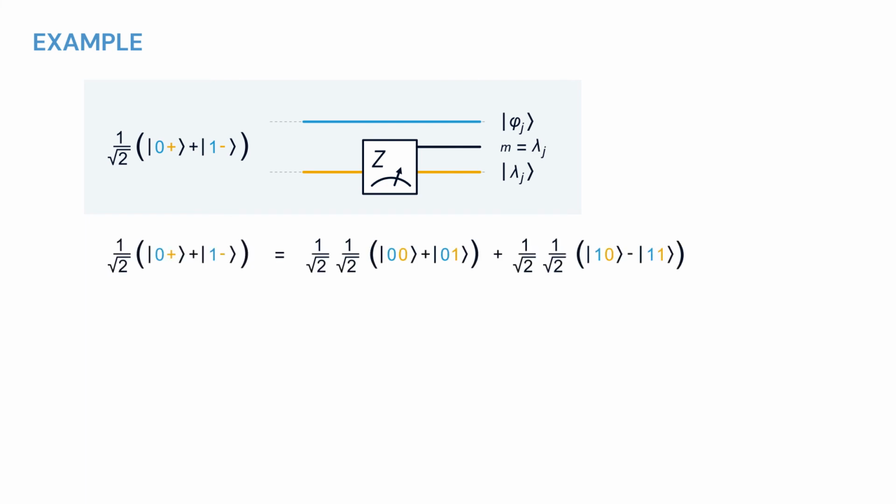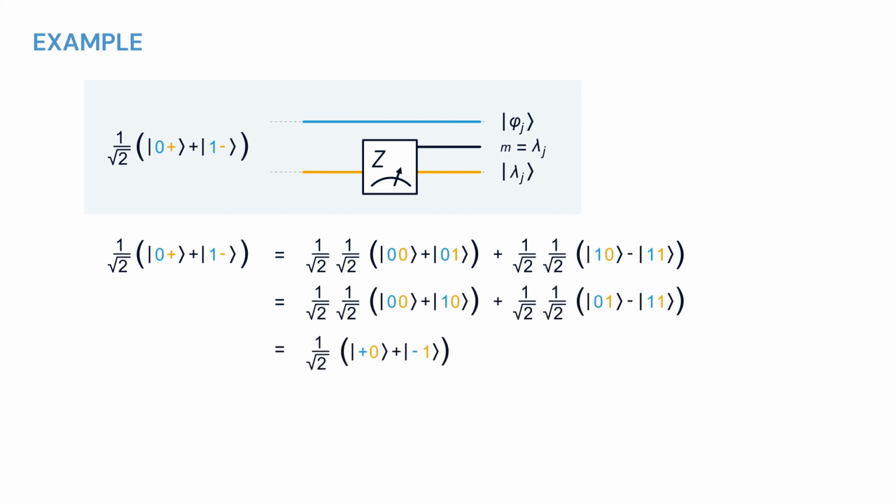The first thing we will do is to rewrite the state in the computational basis. So this is what we have here, with the right qubit terms expressed in the computational basis. Now we can apply the recipe.